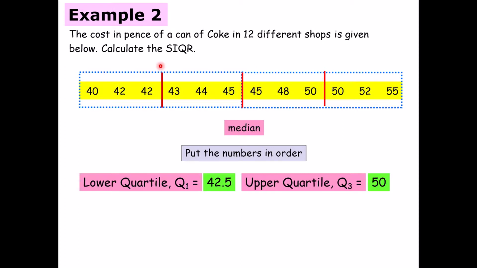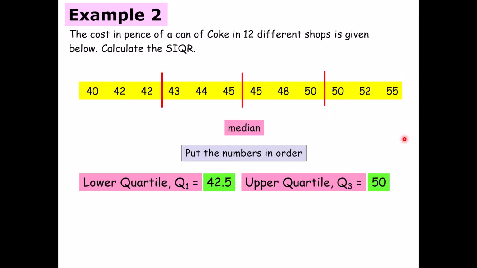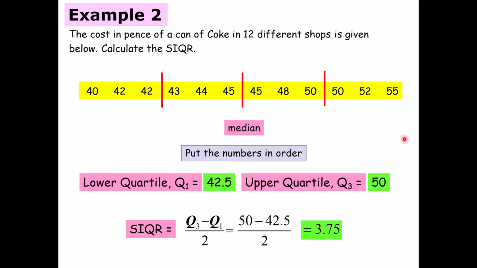And now we've got our quartile 1 and quartile 3, we've got enough information to calculate our semi-interquartile range. So starting off with our formula, Q3 take away Q1, dividing it by 2. We're just going to substitute into the formula. So 50 take away 42.5 divided by 2 to give you 3.75, and that is the final answer.